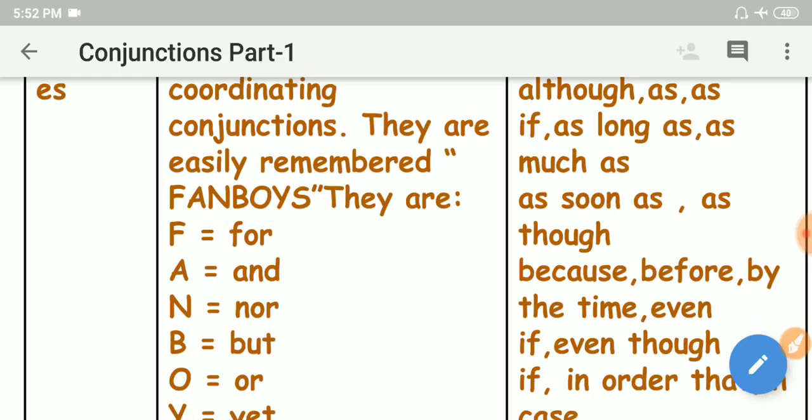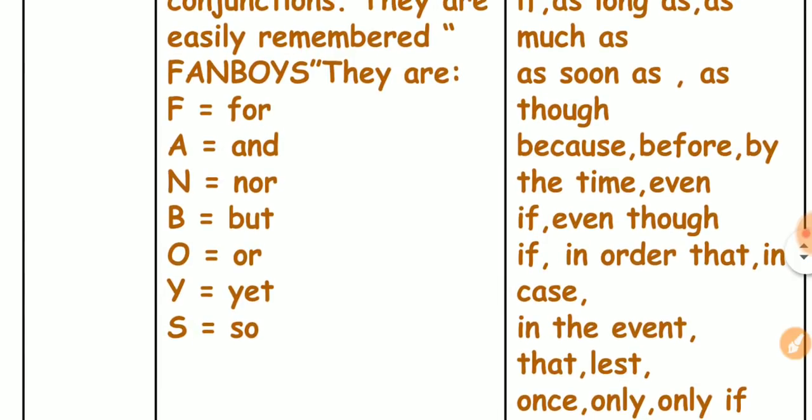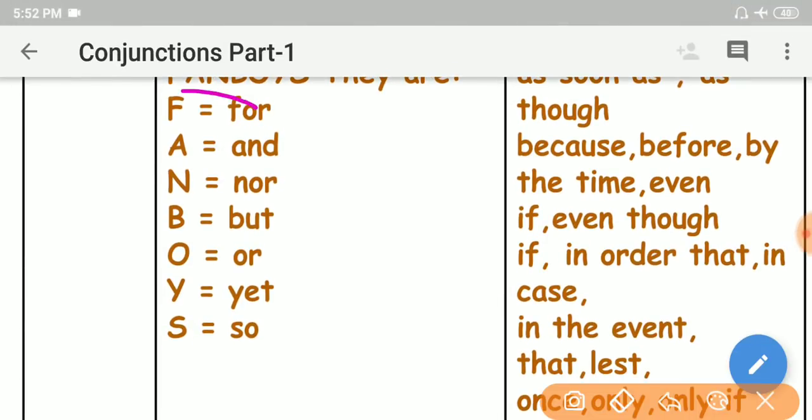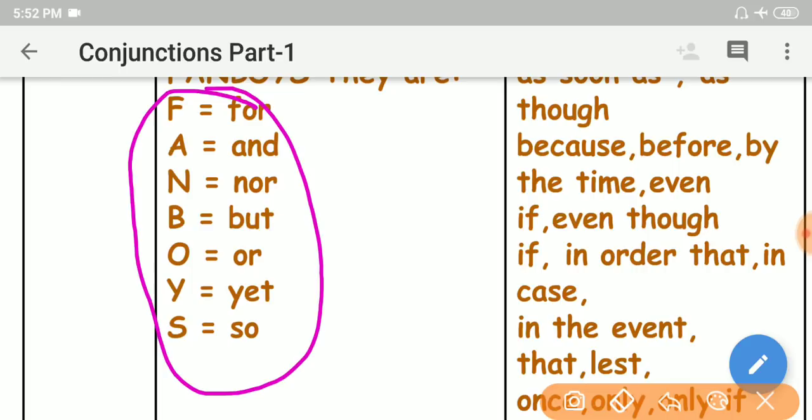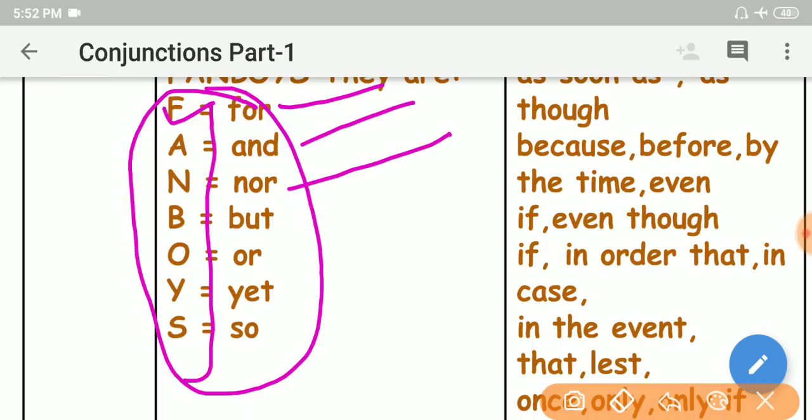So what are the seven coordinating conjunctions? See here. FANBOYS. F stands for for, A for and, N for nor, B for but, O for or, Y for yet, S for so. These are the 7 coordinating conjunctions we have in English, my dear friends.